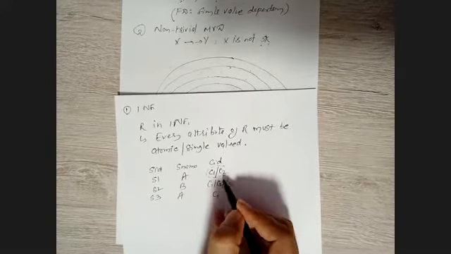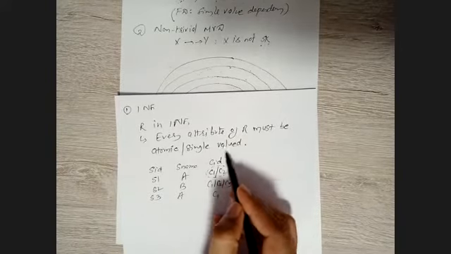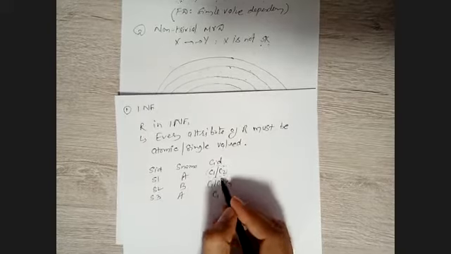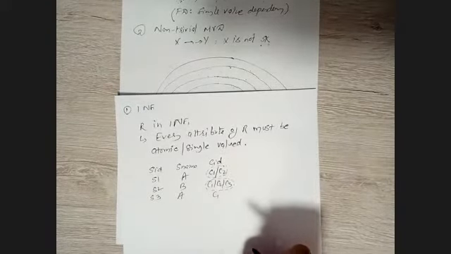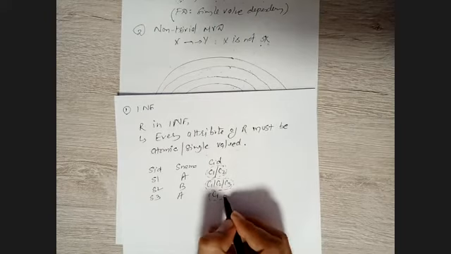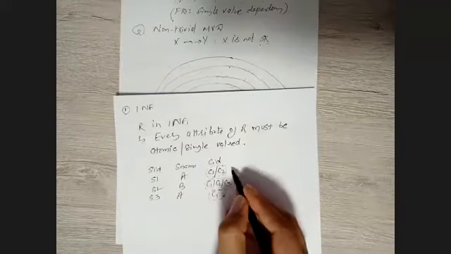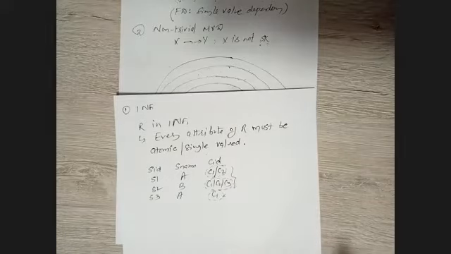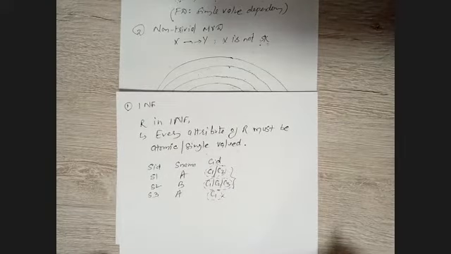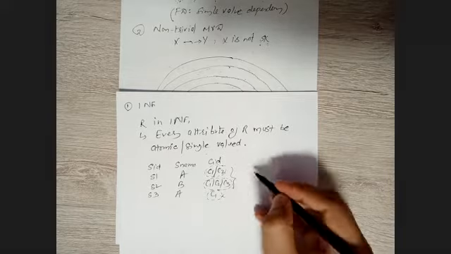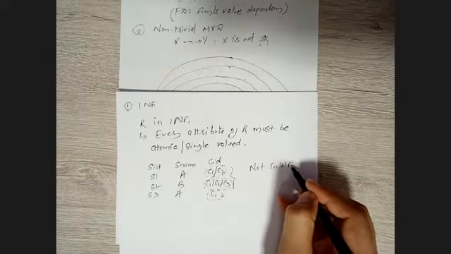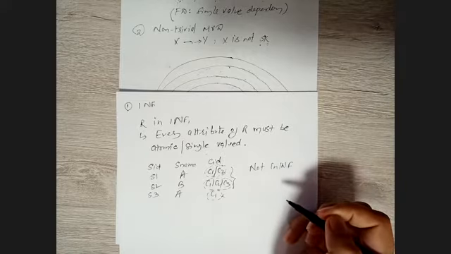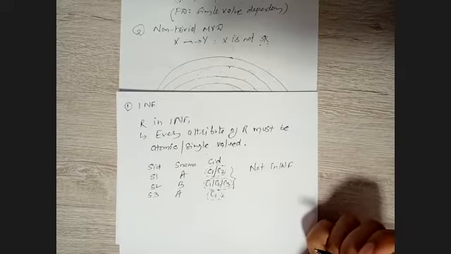In any attribute, single valued or atomic, we cannot have multiple values. These two are multi-valued and should not be there. So this is not in 1NF. In such scenarios we say not in 1NF, not even a relational database, RDBMS relation.